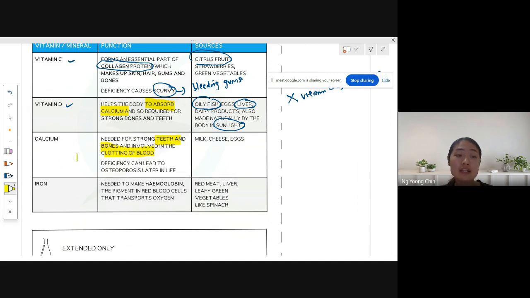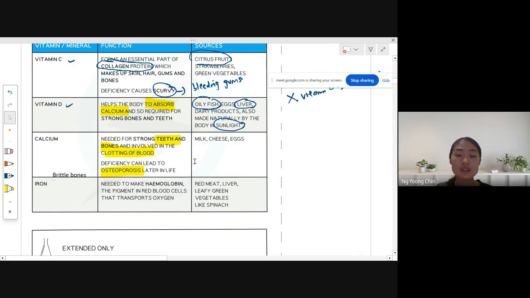So if you don't have enough calcium, what happens? It will cause osteoporosis. What does osteoporosis mean? Osteoporosis means that the bones become very brittle and easy to break. Brittle and fragile bones.